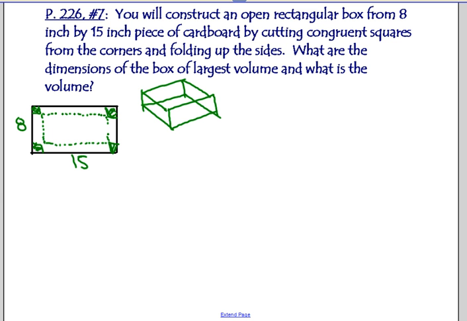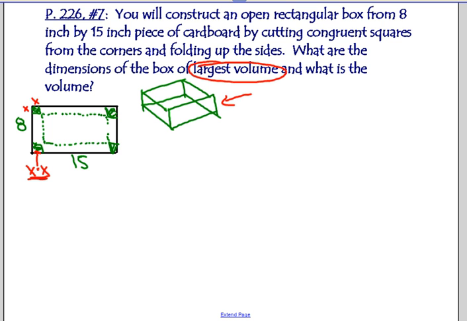So again, as in any of these problems, we zoom in and realize we want to maximize the volume. So here is our rectangular box. Let's get the volume. To do that, we come back to our original picture, and we look at the squares that we cut out, and let's say the square is x by x. It's a square, so both sides are the same. So it was x on either side.